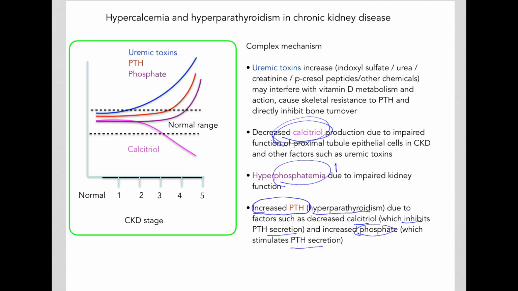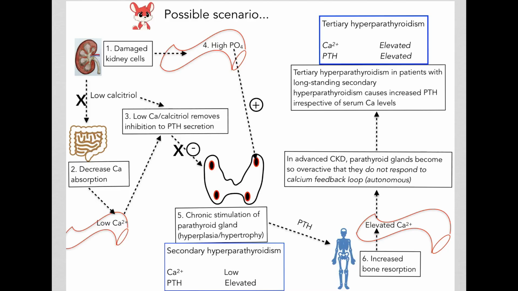So more phosphate, more stimulation of PTH secretion, and that might be the reason why we see this increased parathyroid hormone secretion in chronic kidney disease. So the pathophysiology of hypercalcemia in chronic kidney disease is a very complex situation.